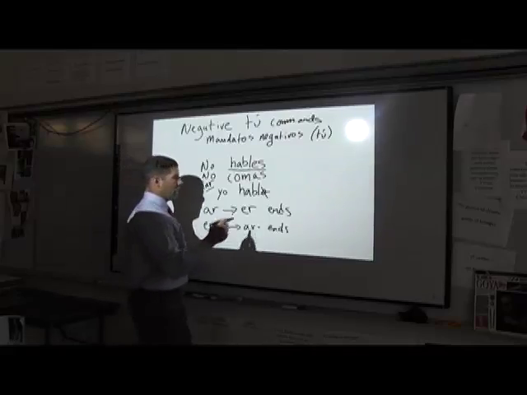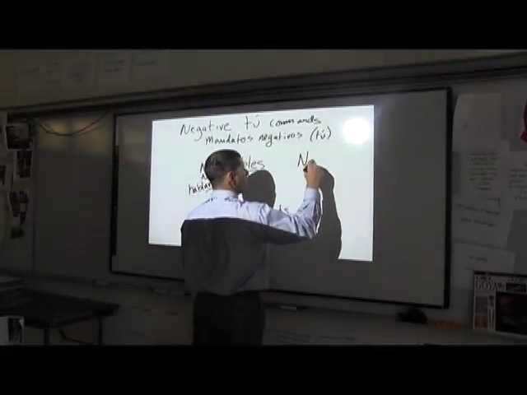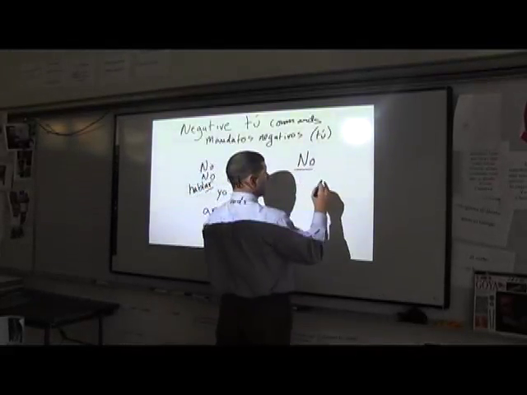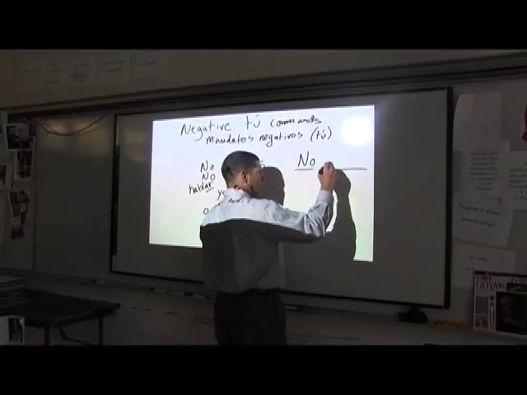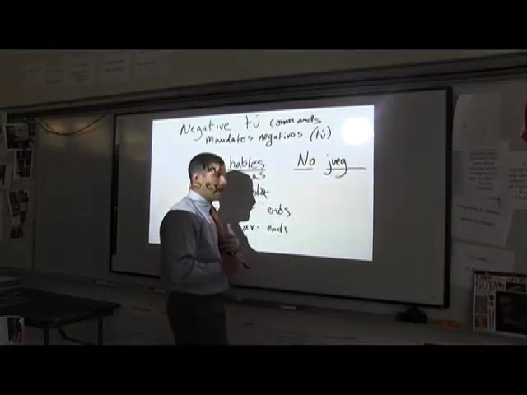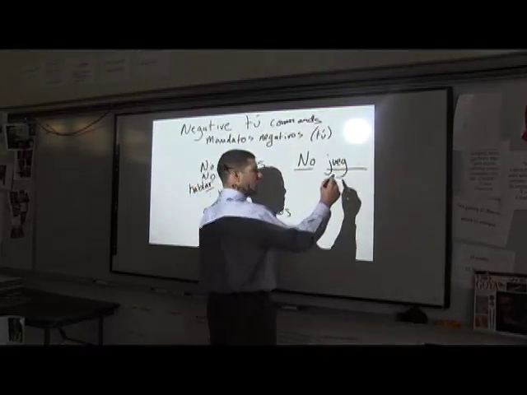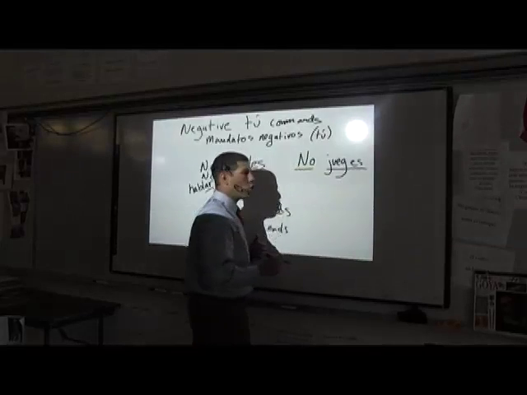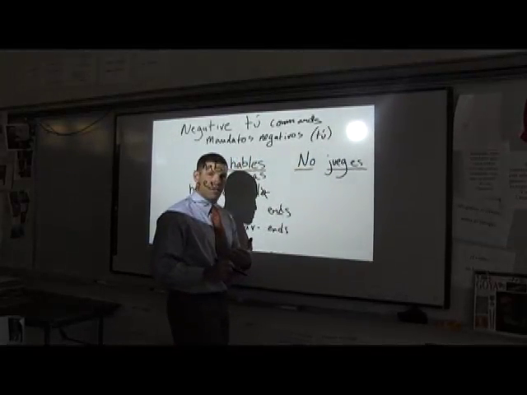One other thing you have to be worried about is, like I said, if I said, don't play baseball in the house. So what do you have? You have jugar, the yo form is juego, the stem is jueg. Okay, and it's an AR verb, so we're going to add ES endings. Uh-oh, jueges. There's a pronunciation issue there.